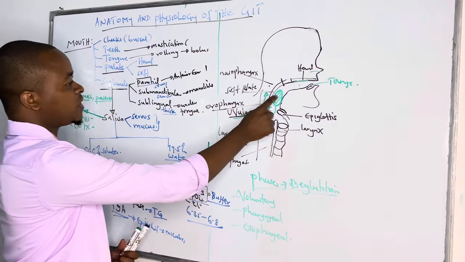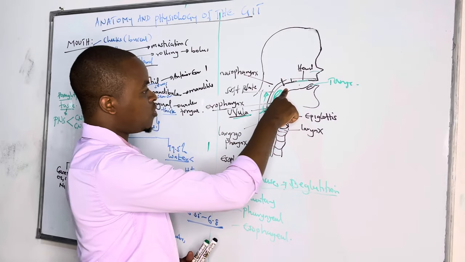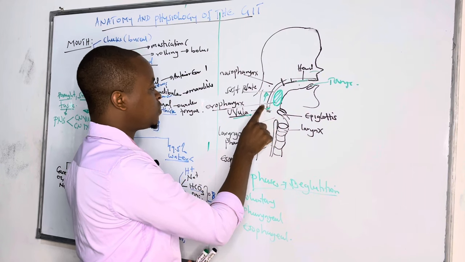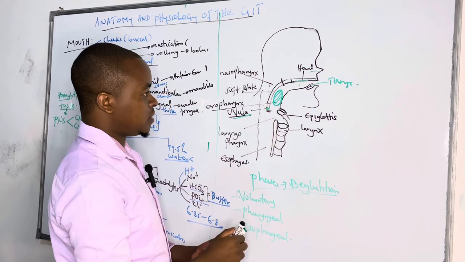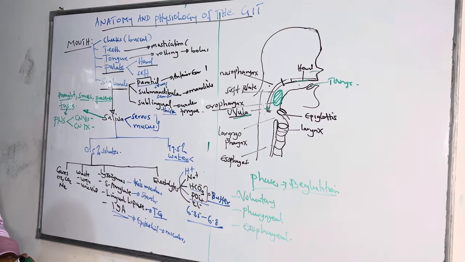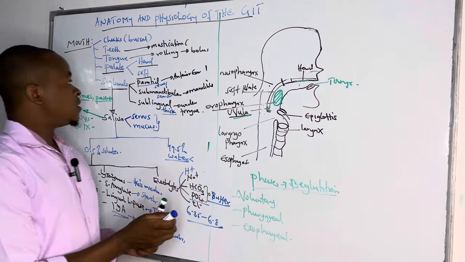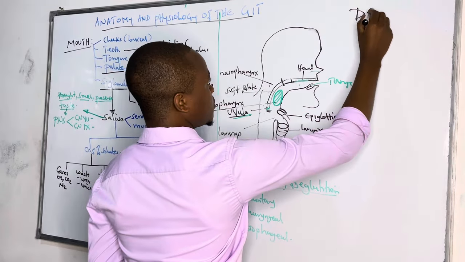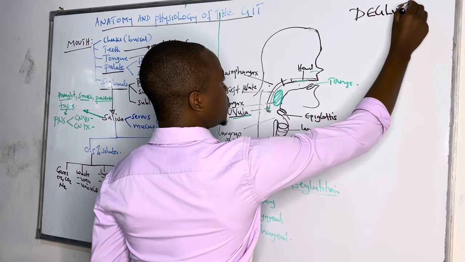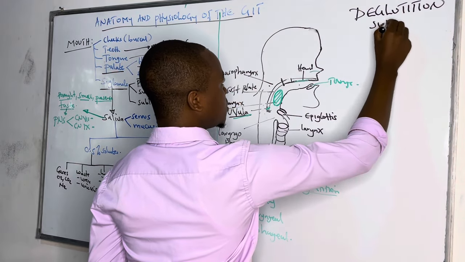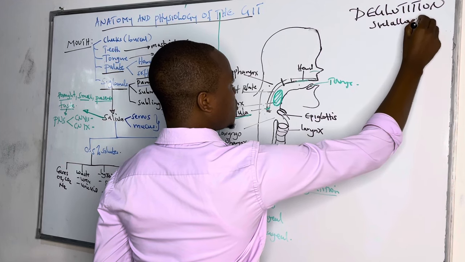We have formed this food pellet in the oral cavity. How do we swallow it? This process is known as deglutition, which is swallowing.